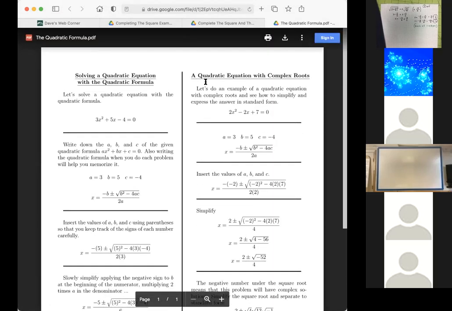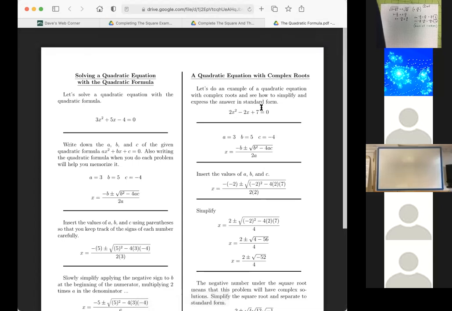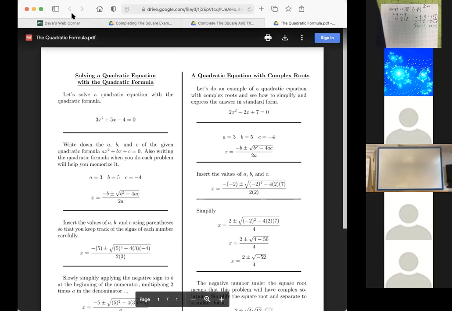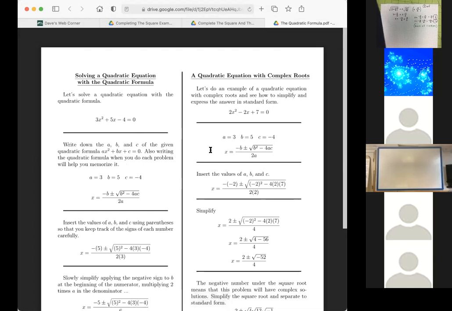And here's an example of a quadratic equation that has complex roots, and I create those complex roots with the quadratic formula. Okay, good. So print those out and add those to your handouts that you keep track of when you're practicing problems or getting ready for a test.